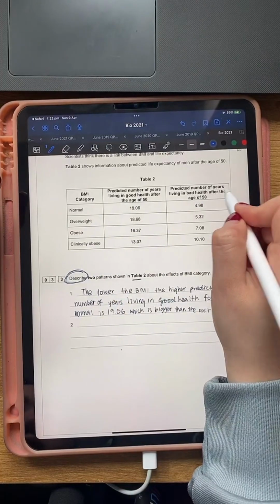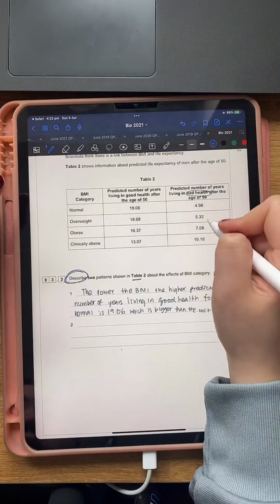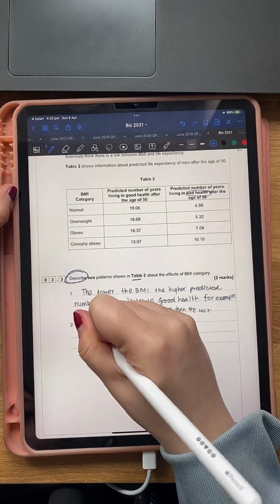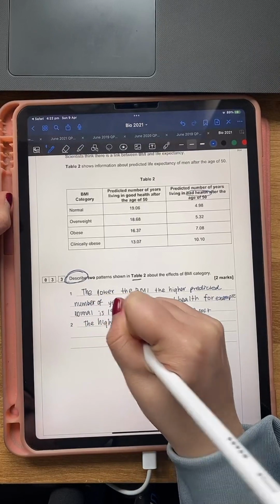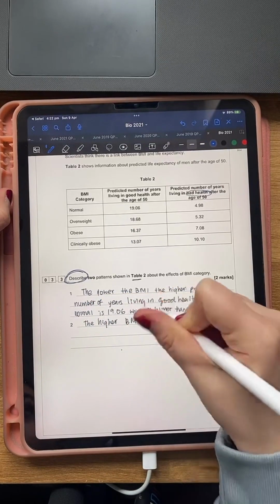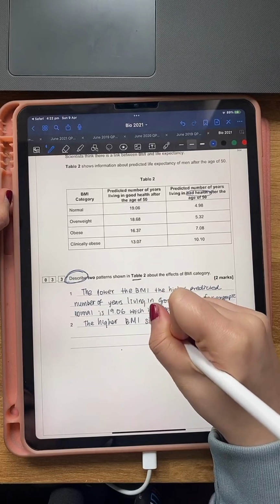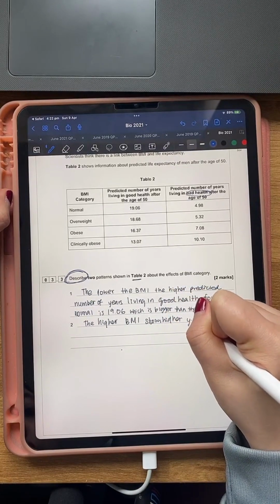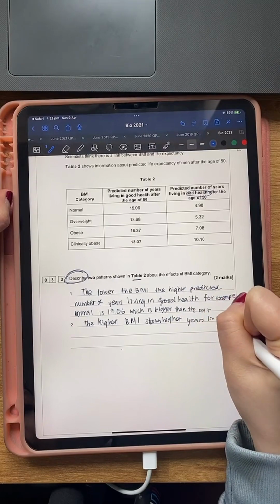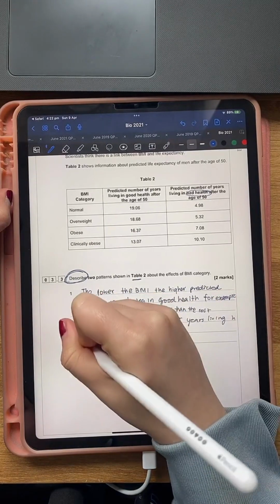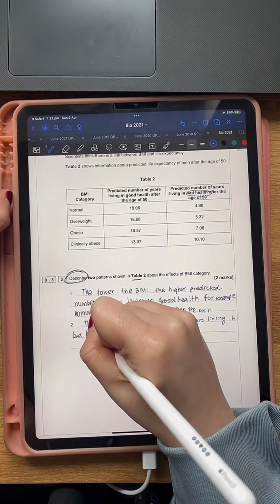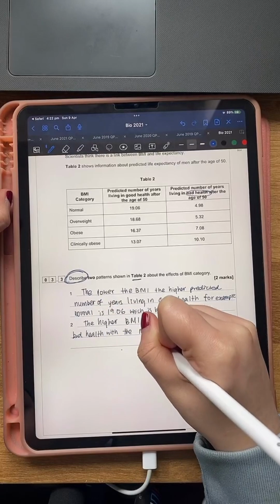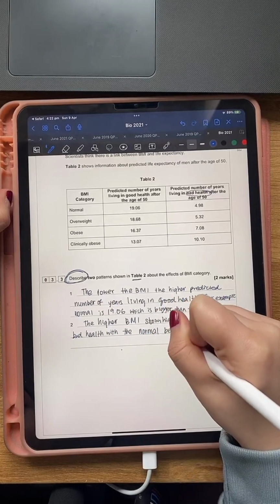The higher BMI shows higher years living in bad health, with the normal being below 5 years. There you go.